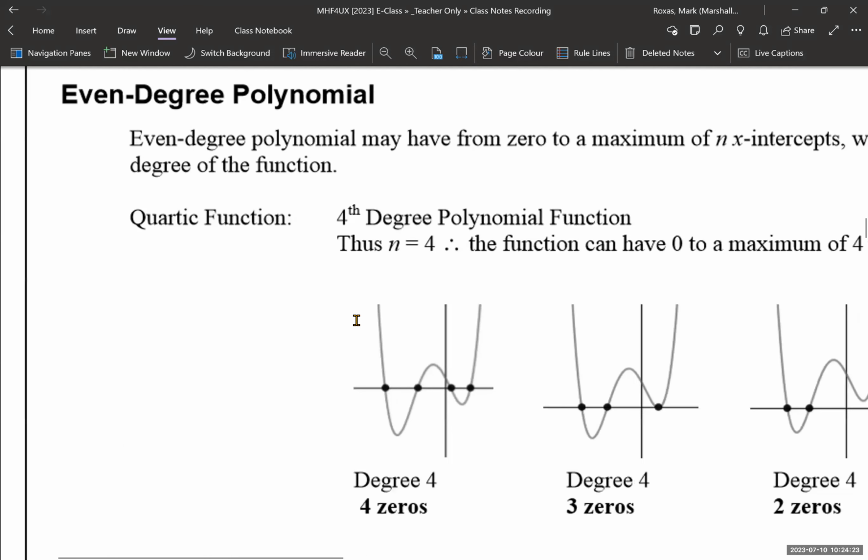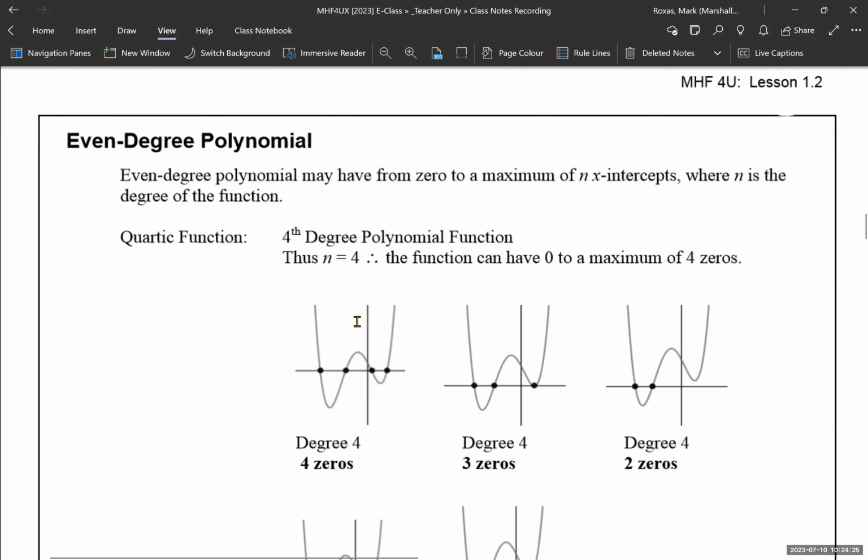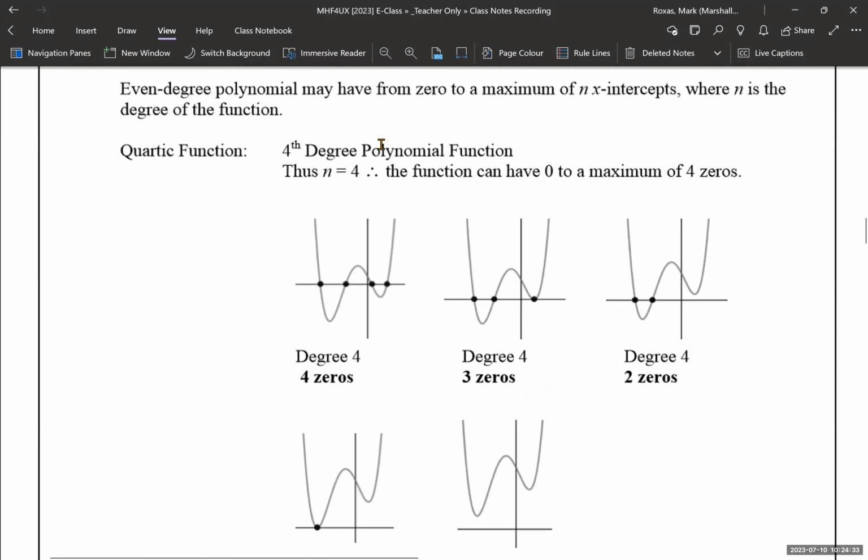Even degree polynomials. An even degree polynomial may have from 0 to a maximum of n x-intercepts, or zeros, or roots. So for a fourth degree polynomial function, n is equal to 4, but that function could have 0 roots or a maximum of 4 roots. If it had 4 roots, this is what it could look like: 1, 2, 3, 4, with 3 turning points. Again, 3 turning points, that's a degree 4 function.